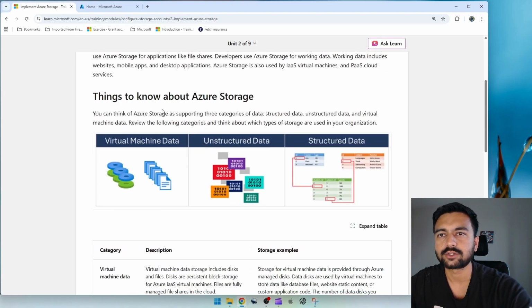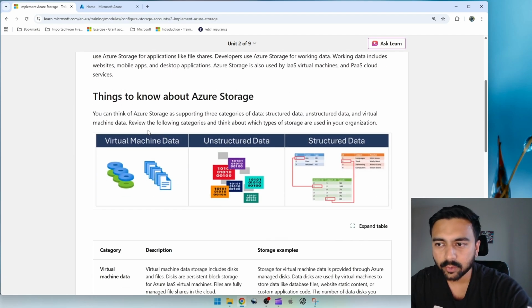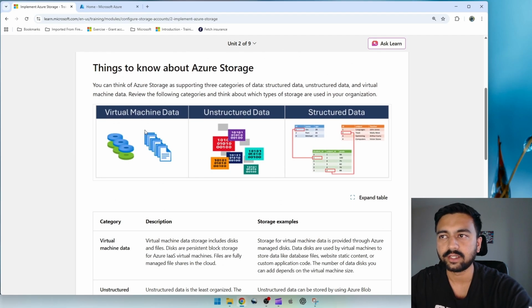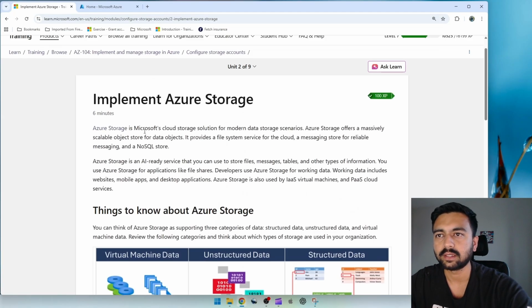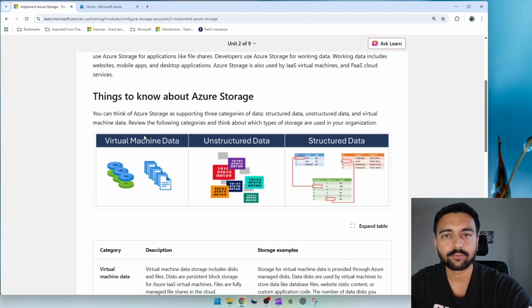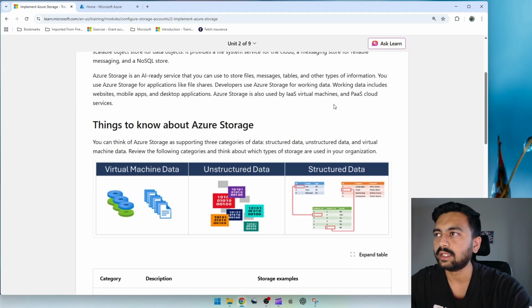Things to know about Azure Storage. I am skimming through this. I'm not reading everything in this topic. I have already gone through these topics before on my own. In my other videos, I've already shown how to log into the Learn portal.